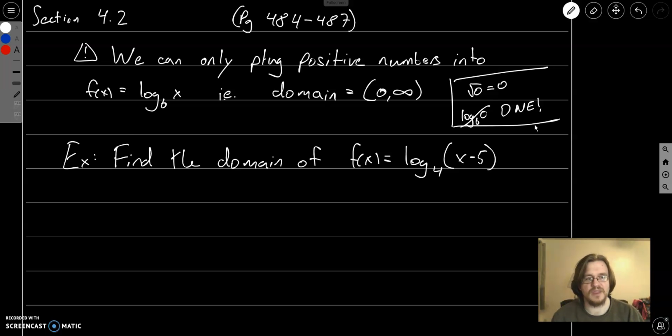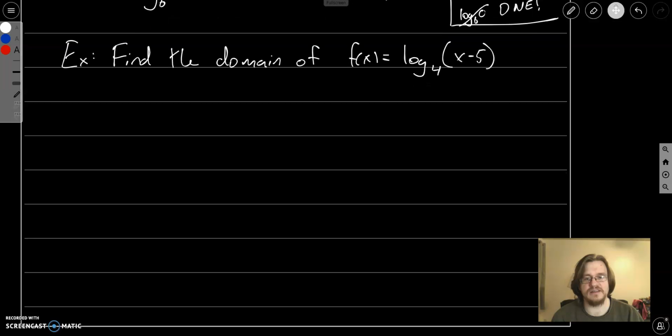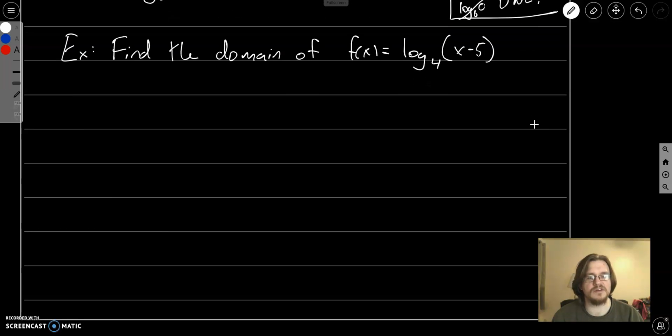So when we want to find the domain of a logarithm function, we can look inside of our logarithm. This x minus 5 has to be a positive number because I can't plug a negative number, nor can I plug 0, into a logarithm. So x minus 5 has to be positive.